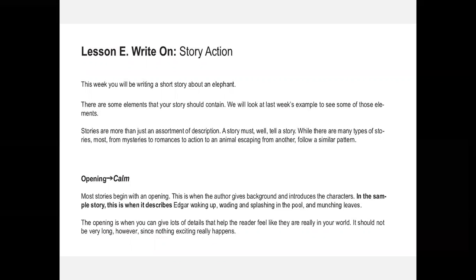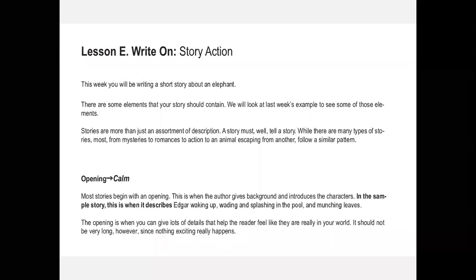All right, it says there are some elements that your story should contain. We will look at last week's example to see some of those elements. Stories are more than just an assortment of description.